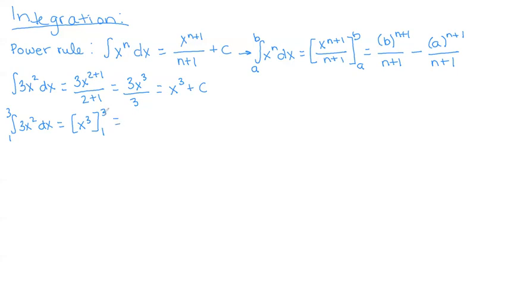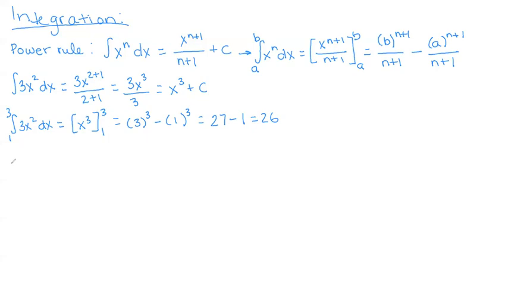We plug in 3 for x here, so we have 3 cubed minus, now we plug in 1 for x, 1 cubed. 3 cubed is 27, minus 1 cubed is just 1, equals 26. That's our answer there.